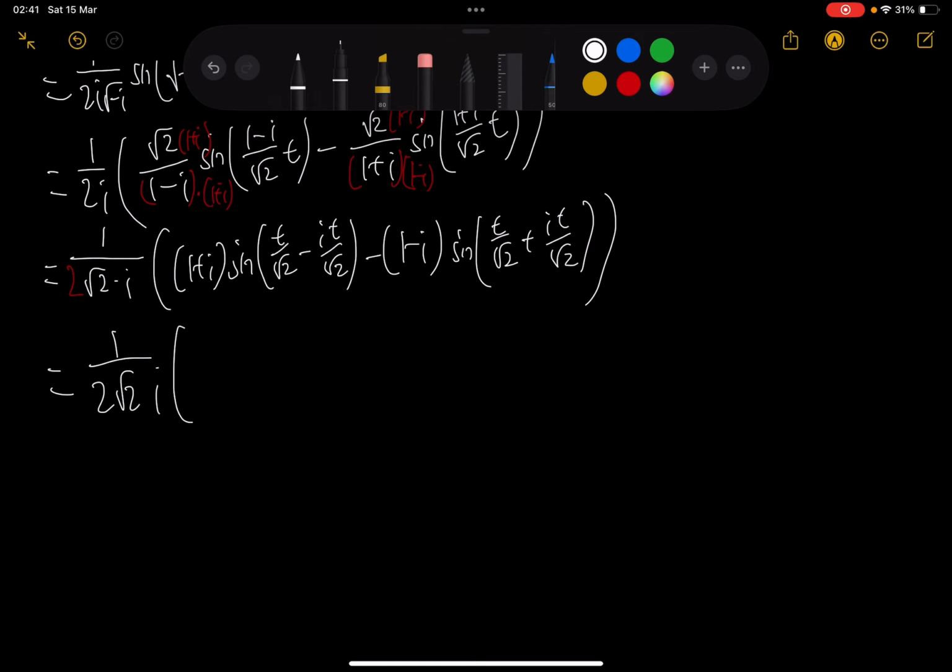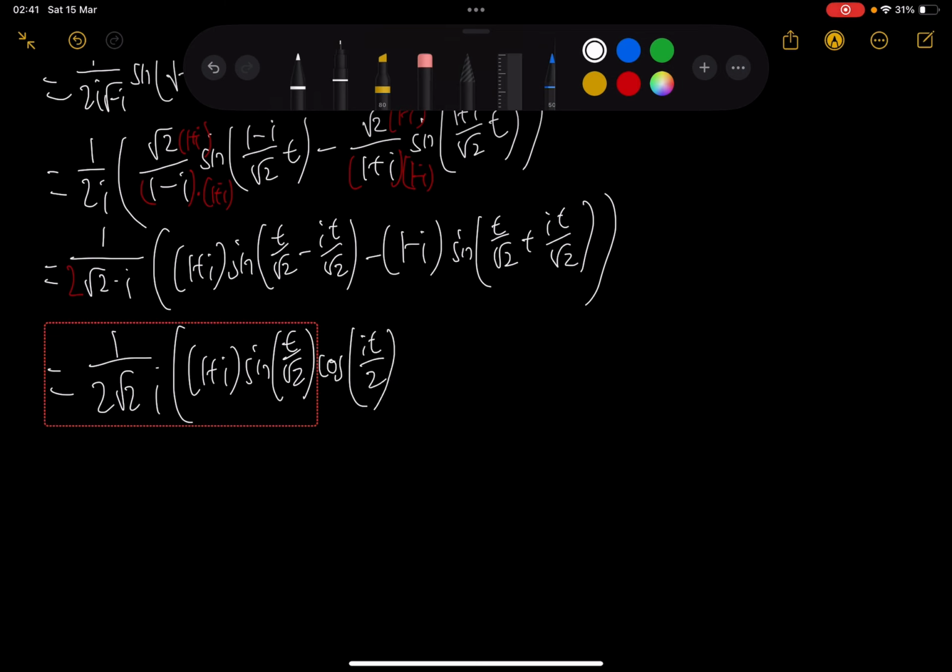And here, I'm going to use the formula sin(a minus b), which you can get: first, we are going to get sin of t over square root of 2 times cosine of i t over square root of 2, and then remember to put a parenthesis here. And then plus 1 plus i times this entire thing, sin something.